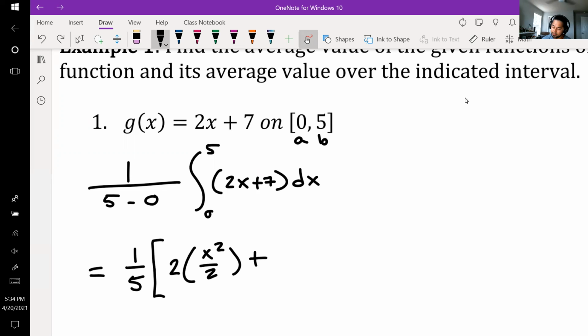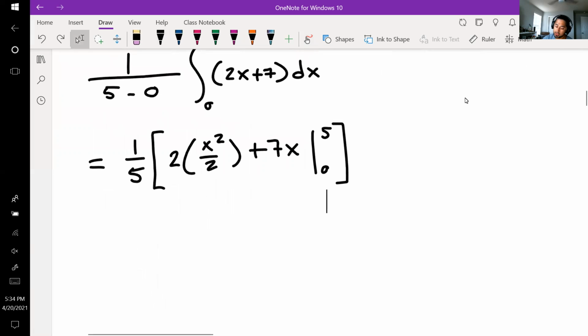And the antiderivative of 7 is just 7x. And we will evaluate this from 0 to 5. Okay, nothing new. The only thing new is this fraction in front. That's it.